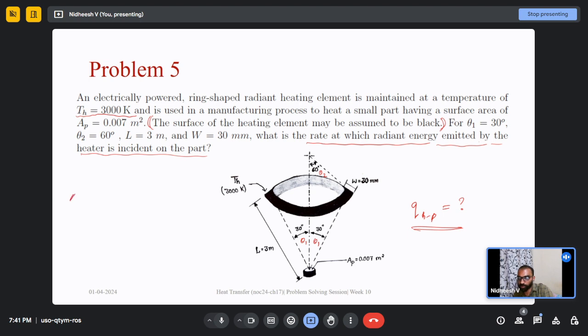Area of hot surface can be written as this width multiplied by this circumferential area, approximately width multiplied by circumferential area, that is pi d, if this is d, right?